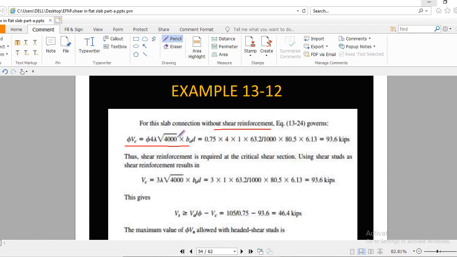This is a very big question, and I answered this question in that lecture. Now this is the punching shear criterion, but if you are providing shear reinforcement, then it will be 2 times. It means you have to divide it by 2.